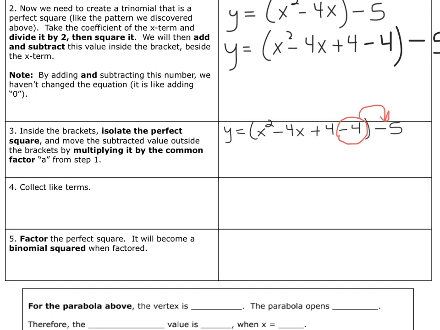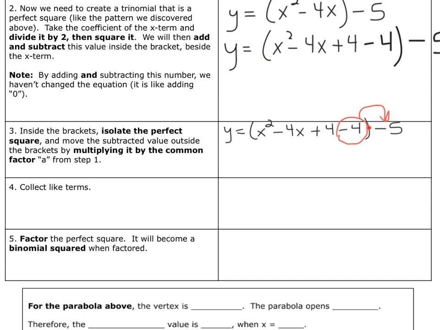When you take it out of the bracket, you need to pay attention to the a value, the number that's in the front, because anytime you pull something out of the bracket, you need to multiply it by your common factor that's in the front. Again, we're very lucky with this question because your common factor in the front is just 1. We didn't have a very particular a value that we were working with.